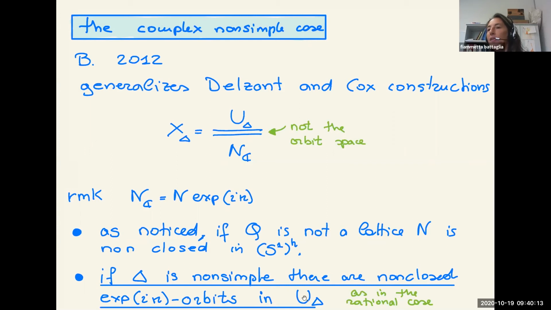Okay, and this is responsible for the quotient being a stratification. So we have two kinds of singularity, quasifold structures and stratification. Quasifolds come from non-rationality, stratification comes from non-simpleness of the polytope.